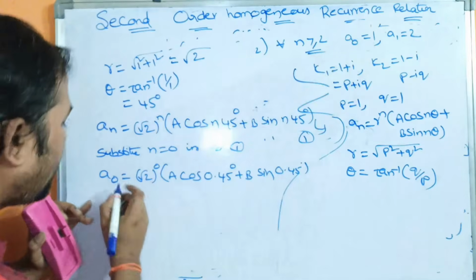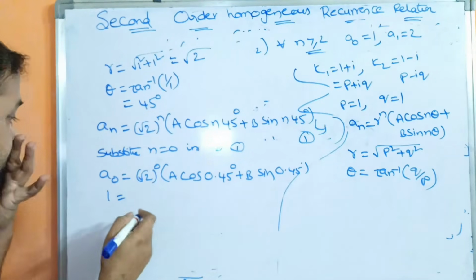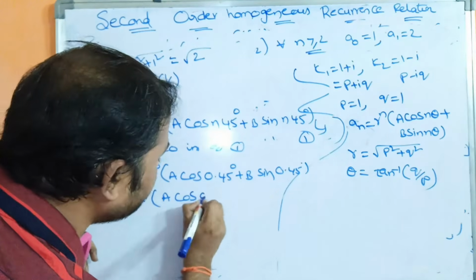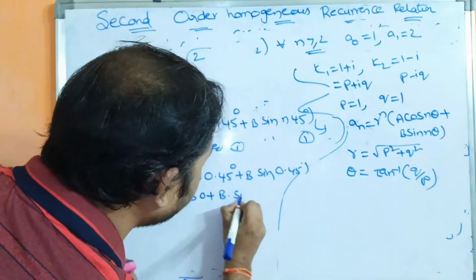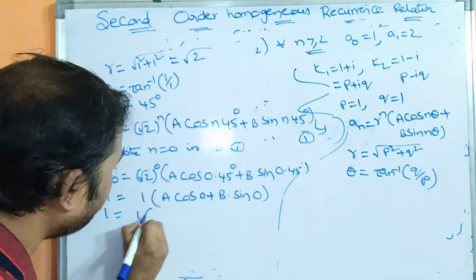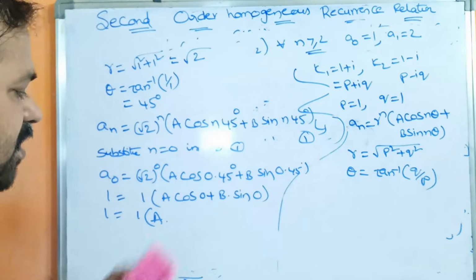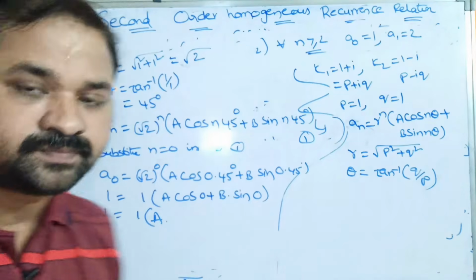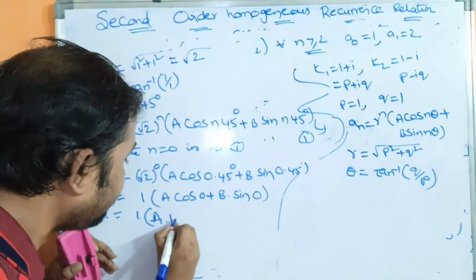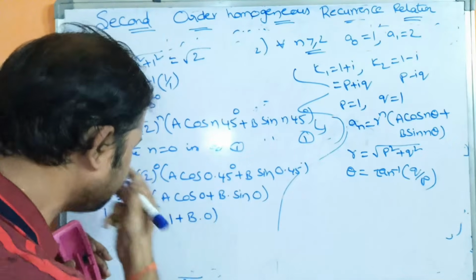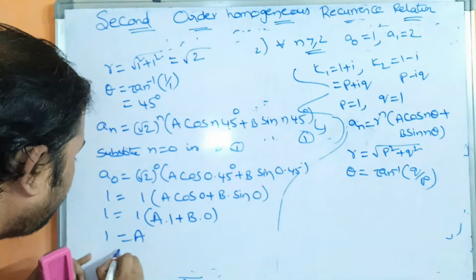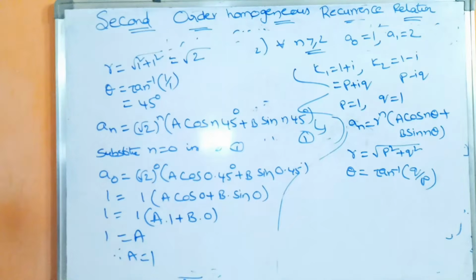The a_0 value is 1. So 1 is equal to 1 into A cos 0 plus B sin 0. Cos 0 means 1 and sin 0 means 0. So 1 is equal to 1 into A into 1, which means A. Therefore A is equal to 1.